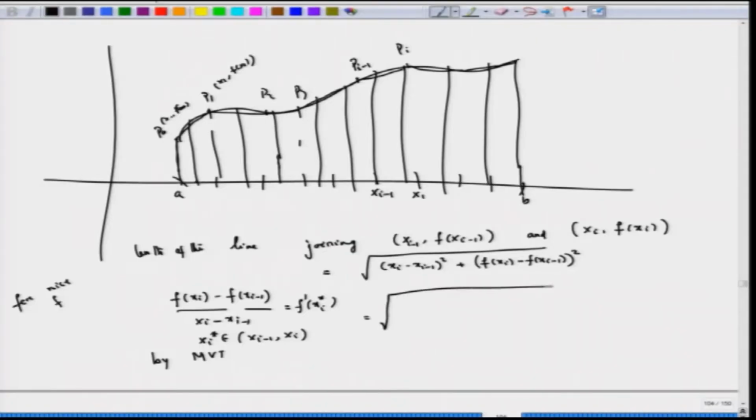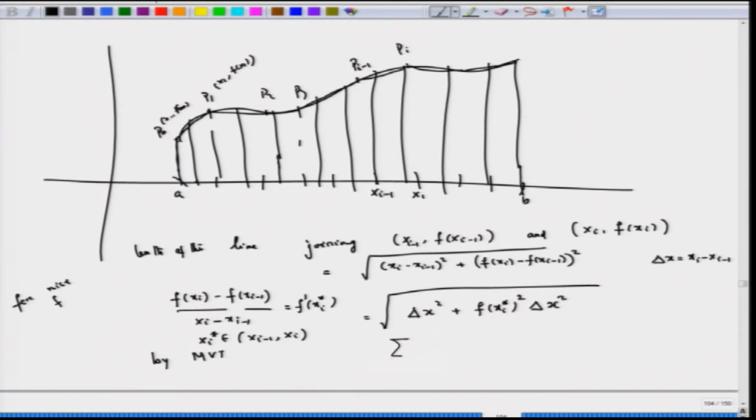Let us denote delta x equal to x I minus x I minus 1. Then the length is the square root of delta x squared plus f prime of x I star squared times delta x squared.